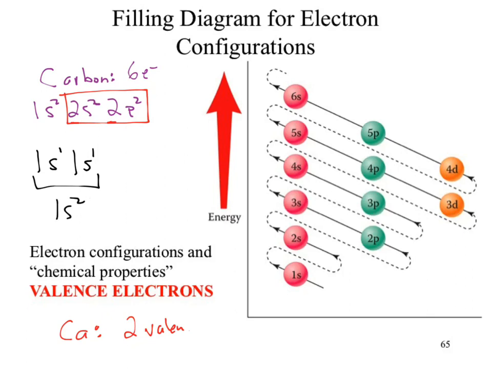1s2. The next electron goes to lithium in the second energy level, S block, first electron. Beryllium, second energy level, S block, 1 electron, condenses to 2s2. Boron, second energy level, first column of our P block.